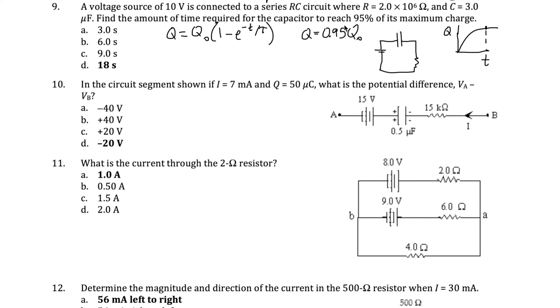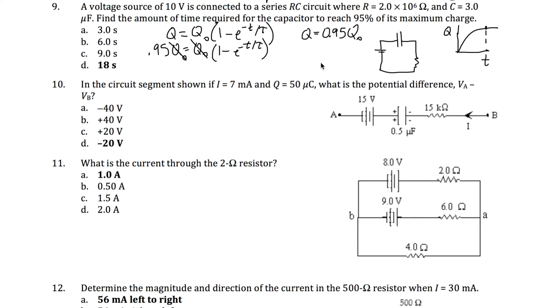By the problem being worded this way, it actually makes the problem easier, because if Q is 0.95 of the maximum, then we don't even need to know what that maximum charge is. We don't even have to calculate this, because this Q0 and this Q0 cancel out in the equation.